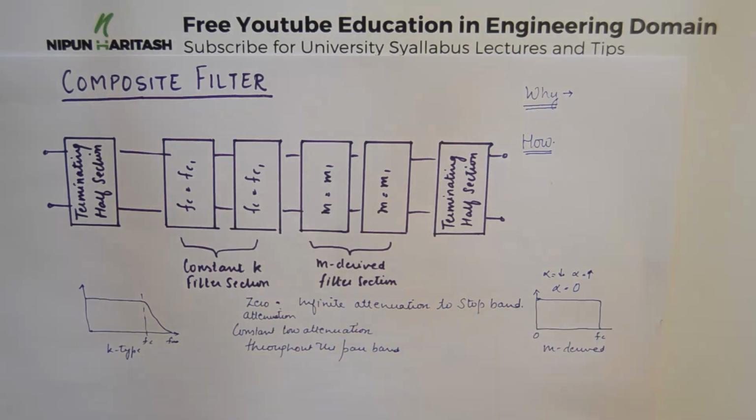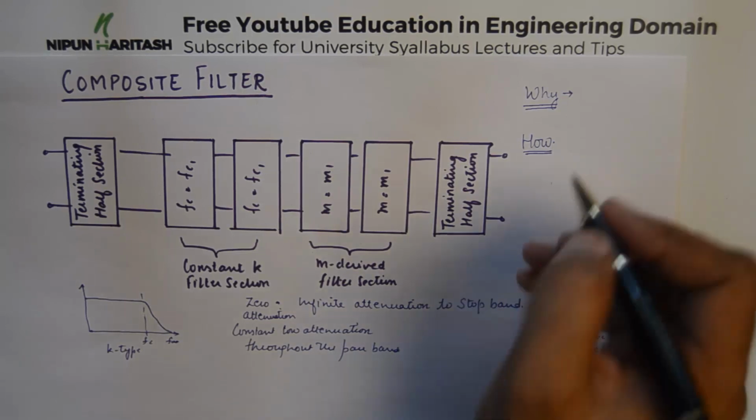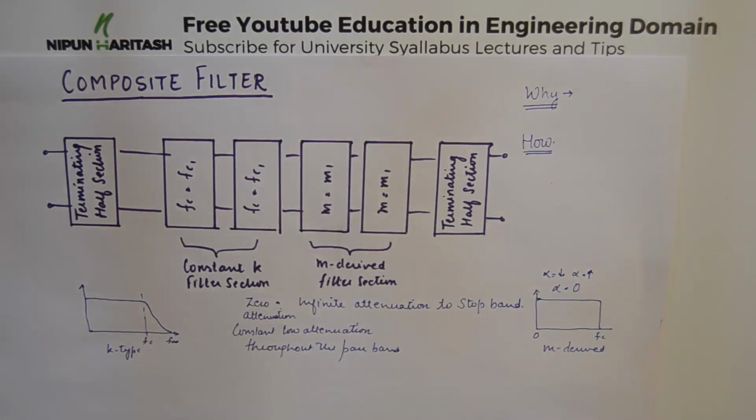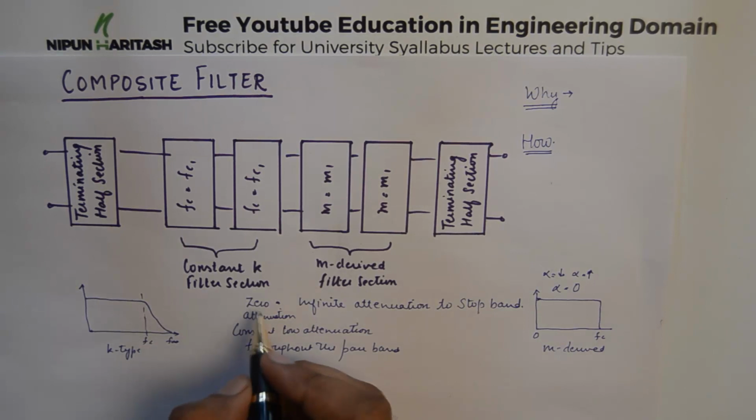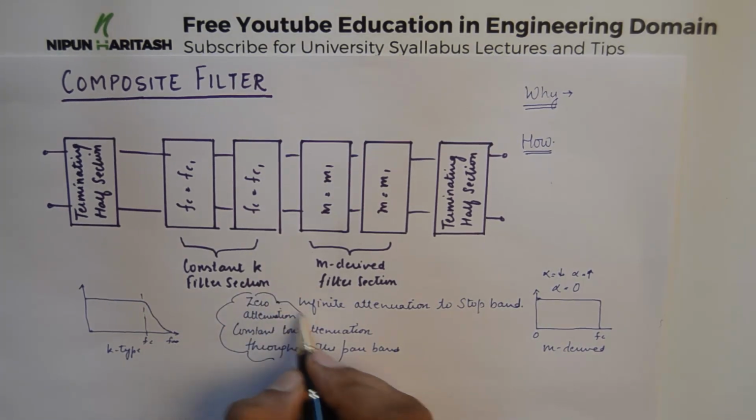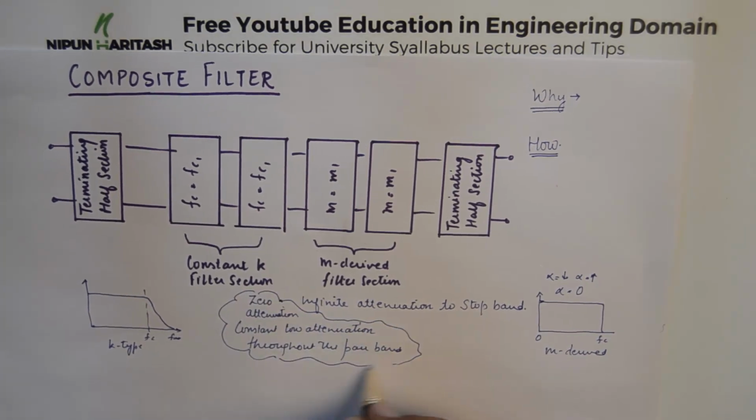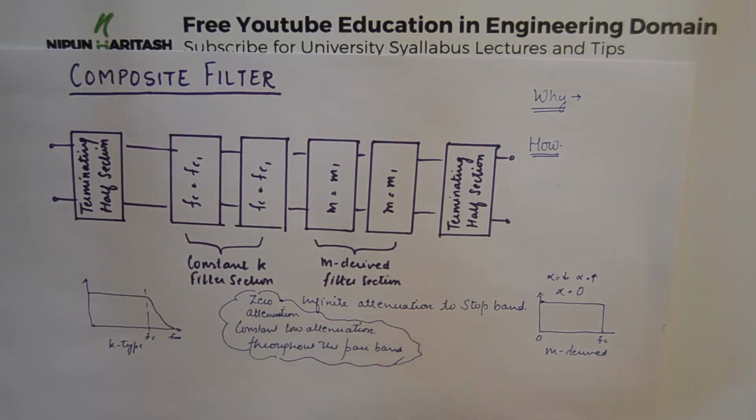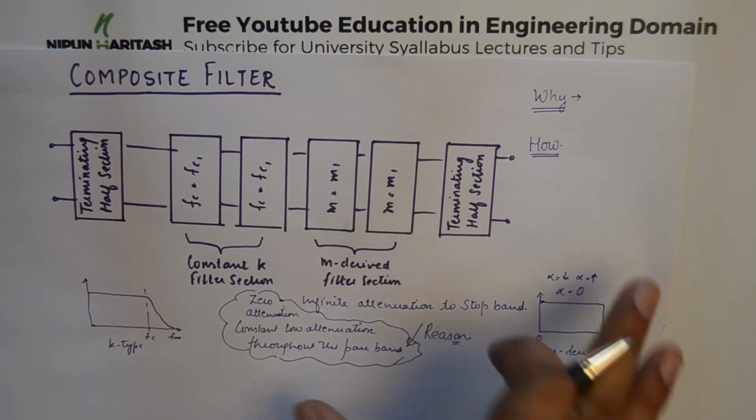So this is what we do not desire. We want constant low attenuation throughout the pass band. This is what was achieved by composite filters. So this problem, zero attenuation or constant low attenuation throughout the pass band, was the reason to make a composite filter.